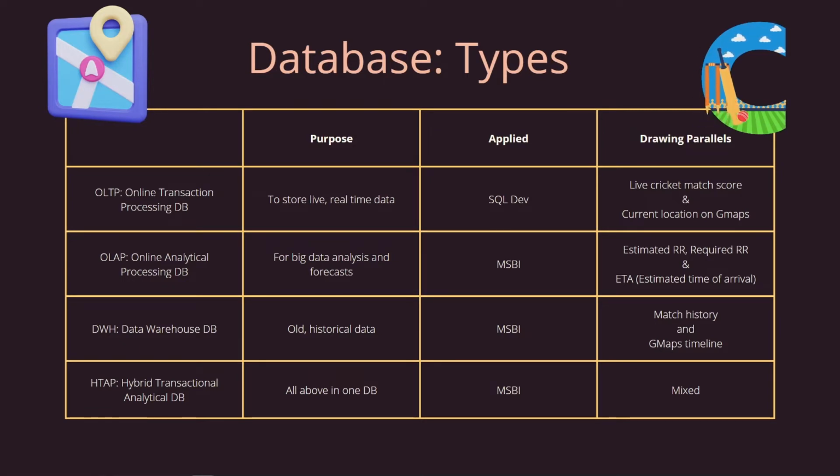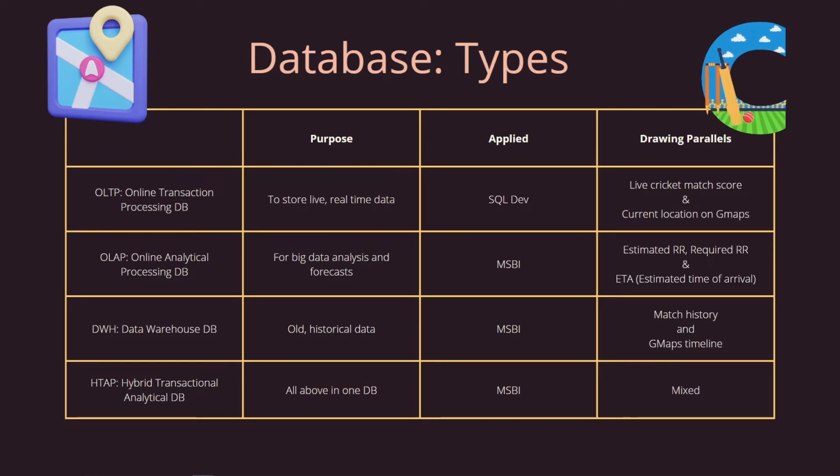We apply MSBI to implement OLAP, similarly to implement DWH and HTAP. Now, coming up with a real-world example for OLAP would be when in a particular cricket match you see what has been the estimated run rate up until now and the required run rate, that is, what the team needs to win the particular match.